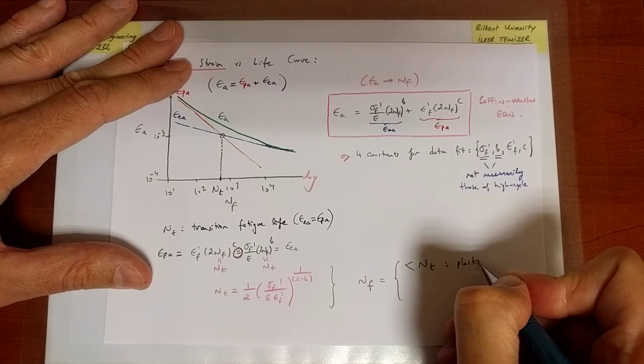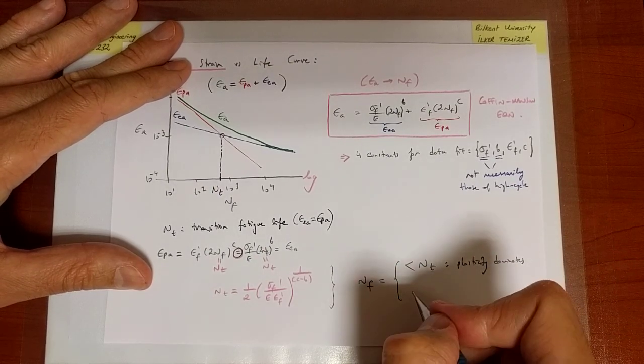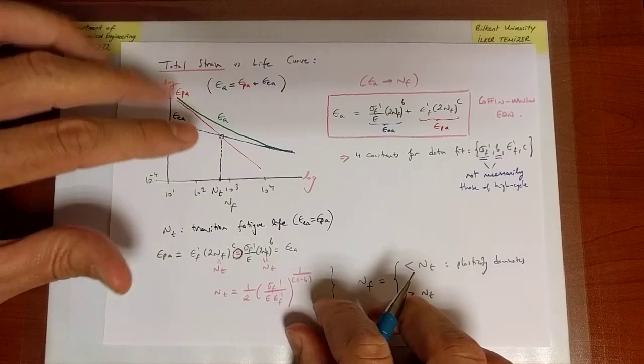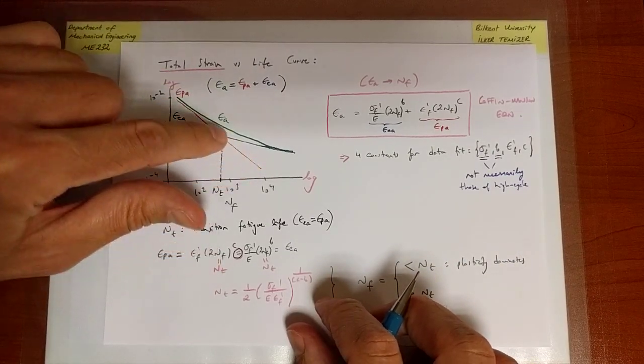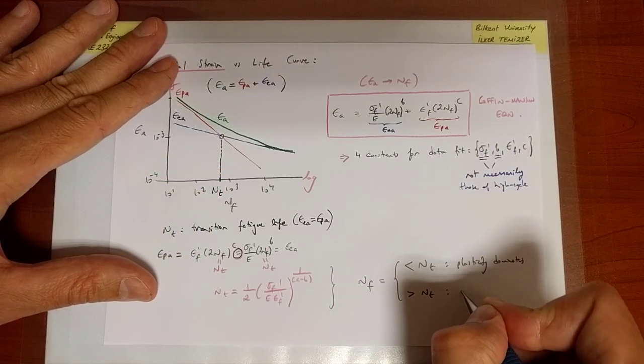So plasticity dominates. Now, on the other hand, if NF is much larger than NT, in other words, if I'm here, red is very small, blue is much higher, this is where elasticity dominates.